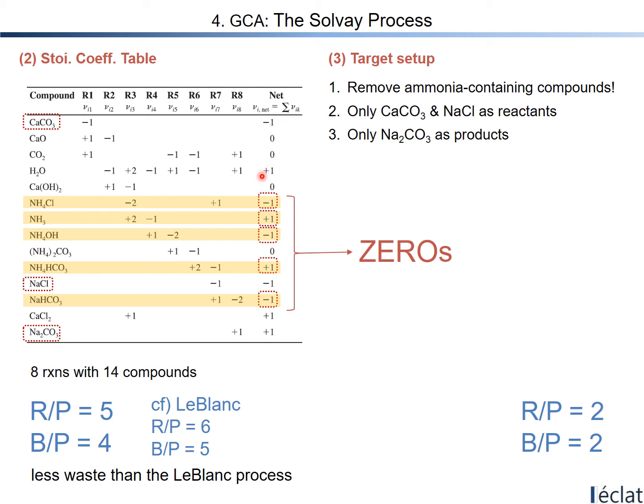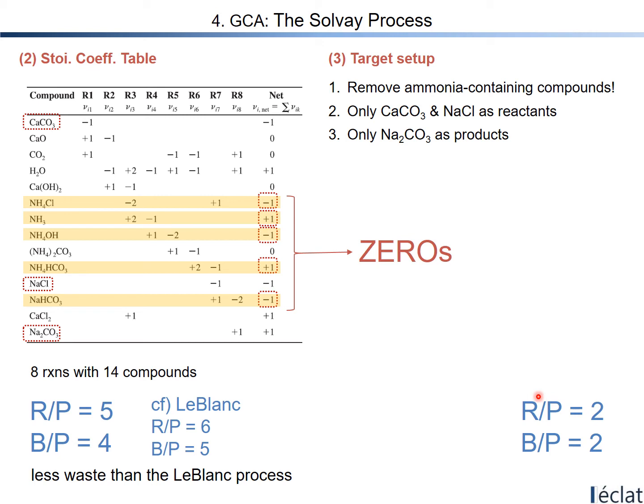So 1 byproduct, which is the water, will be 0, and the other thing is calcium chloride. So BP ratio is 2. So 5 is going to 2 in terms of RP, and 4 is going to 2 in terms of BP. So if we can do these things, making zeros, then we could improve the original Solvay process.